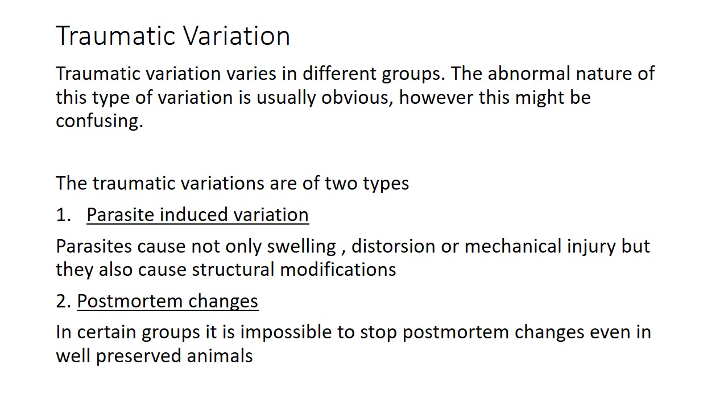Then there are post-mortem changes, which are also a cause of confusion for a taxonomist while doing identification. In many groups of animals, it is impossible to prevent post-mortem changes of preserved specimens. The deep orange-yellow plumes of the twelve-wired bird of paradise fade to white in collections. The plumage of the Chinese jay, which is green in life, turns blue in collections because of the loss of the volatile yellow component, which is a part of the pigment.